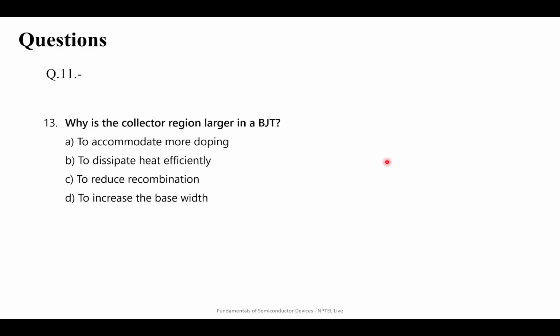Why is the collector region larger in a BJT? To accommodate more doping, to dissipate heat efficiently, to reduce recombination, or to increase the base width?